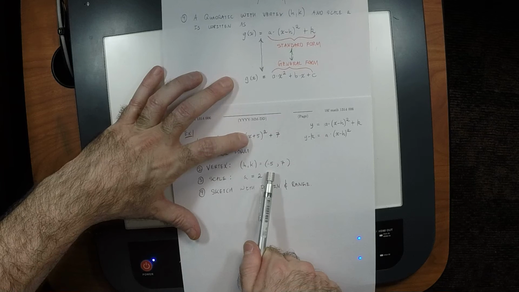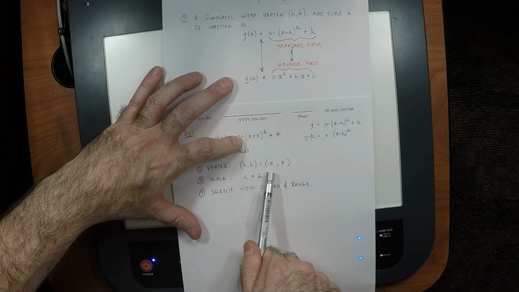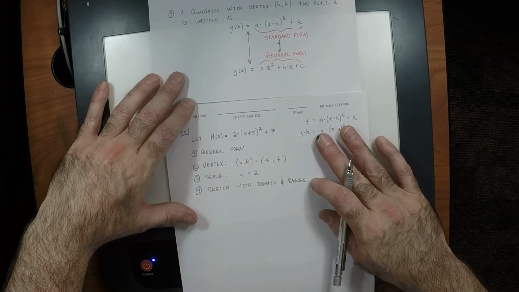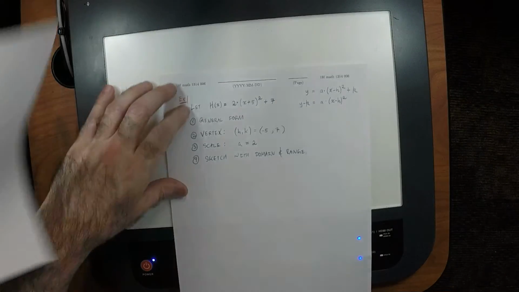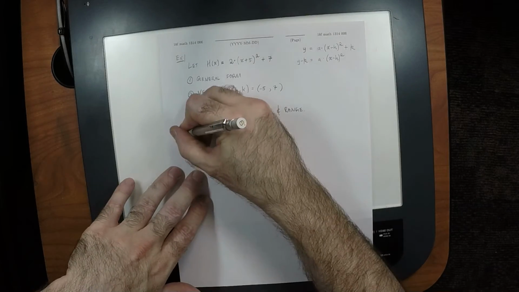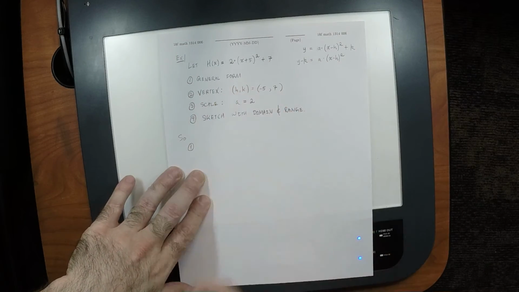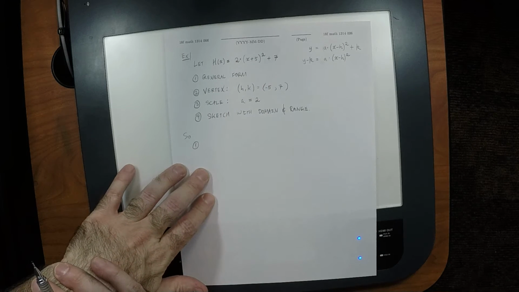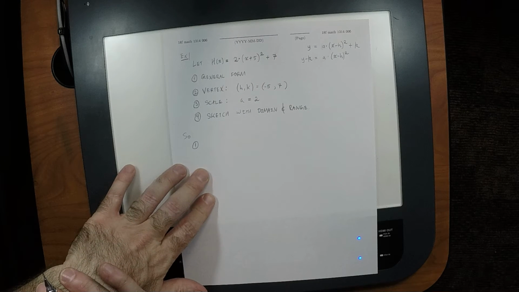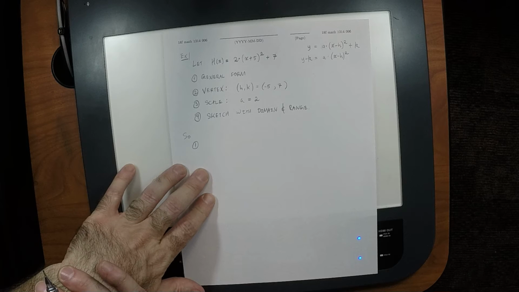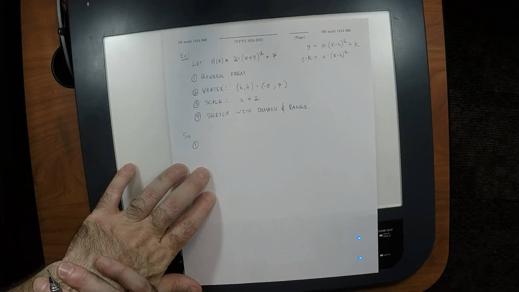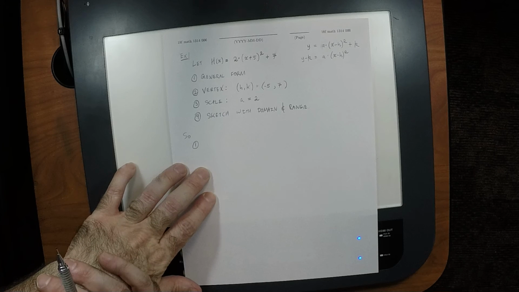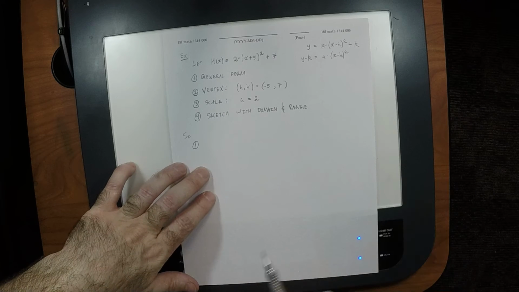So are we all right? Okay. So then fine. How about the general form? How do we do that? So this is the standard form. How do we get it to be the general form? Would we actually perform squaring the x plus 5? Right. Just algebra.